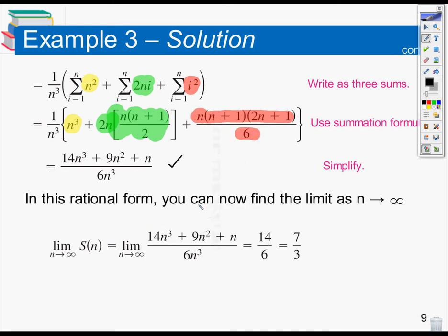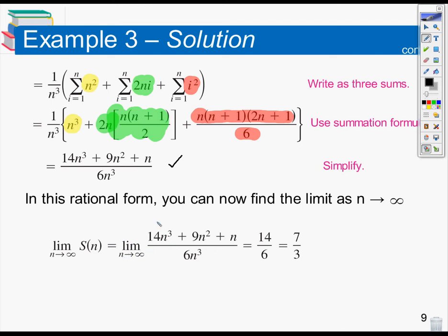What's also really cool about this is that we're going to be looking at how the function is affected when I take those n values and look at the limit as they approach infinity. So with this new function I can actually find the limit, and in effect I'm finding the limit of a summation. Now that it's in what's called rational form, I take the limit as n approaches infinity.